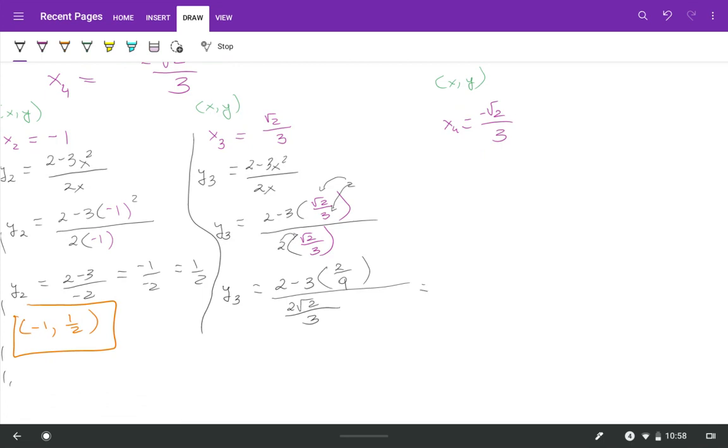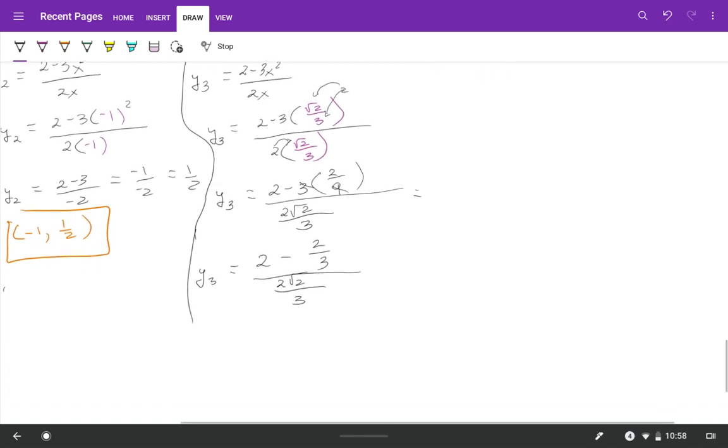Okay, let's simplify that more. So y3 equals 2, and then you have 3 and 9 you can cancel. So we have 2 minus 2 thirds divided by 2 radicals of 2 over 3. So y index 3 simplifies, so we need to change that 2 to 6 over 3.